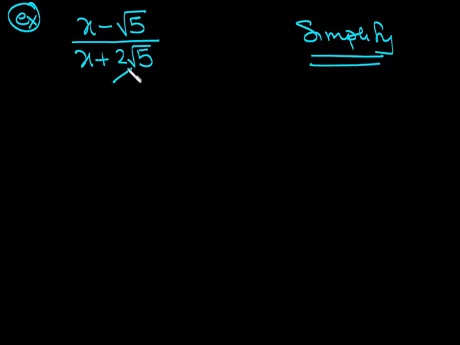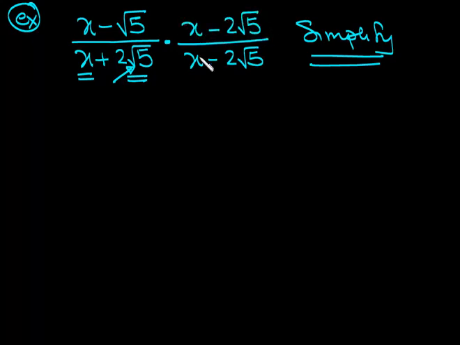So I want to get rid of this radical. I have two terms in the denominator, so I want to multiply by the conjugate. So the conjugate is the same thing except the sign in the middle changes. So I'm going to do the same thing on the top. Okay, so let's go ahead and do that.